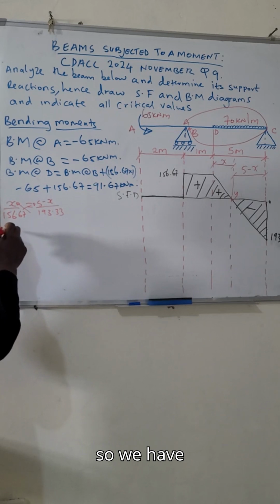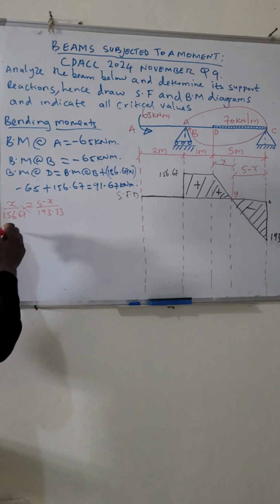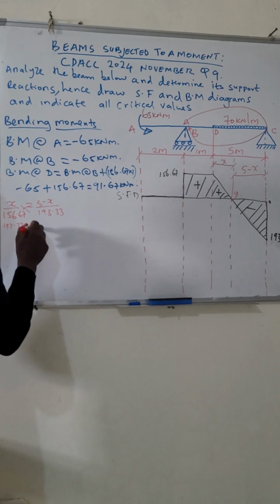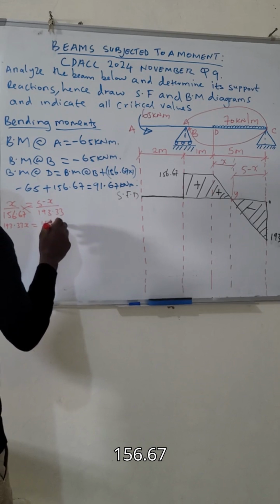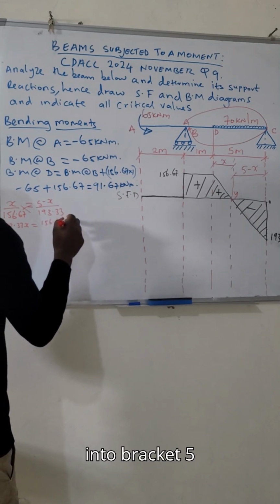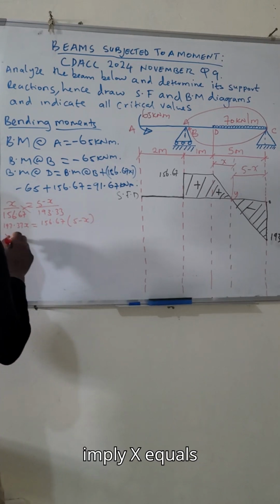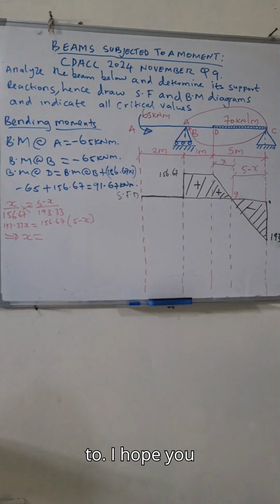So you can cross multiply. We have 193.33x should give you 156.67 into bracket 5 minus x, which implies x equals, I hope you can find the value of x.